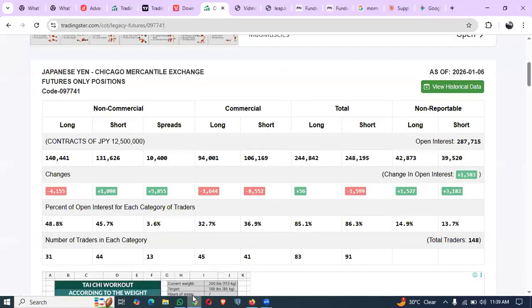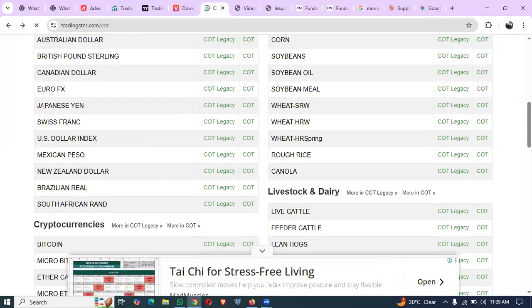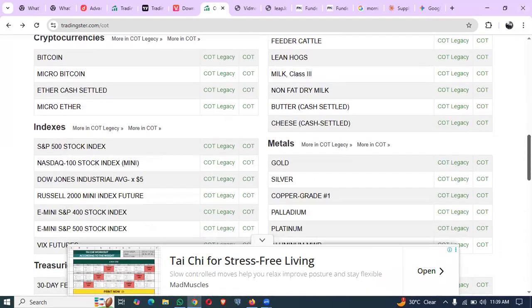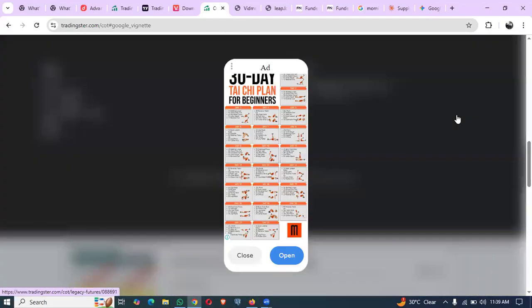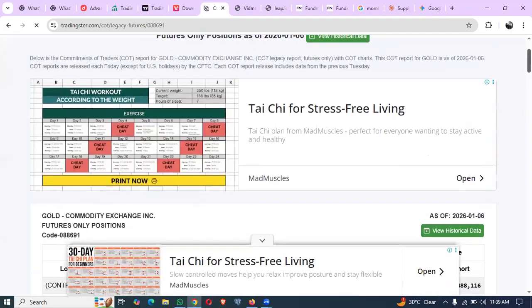So we've checked the JPY basket. We didn't check the dollar index too. Let's just check for gold. Gold is bullish, Abi. Let's just check. Okay, this is good. So what do we have?